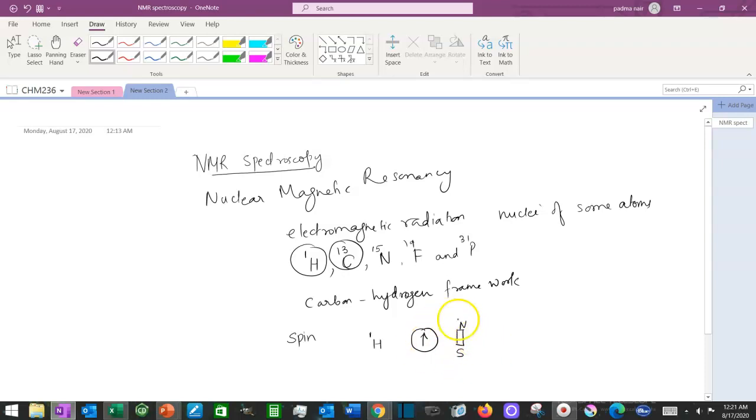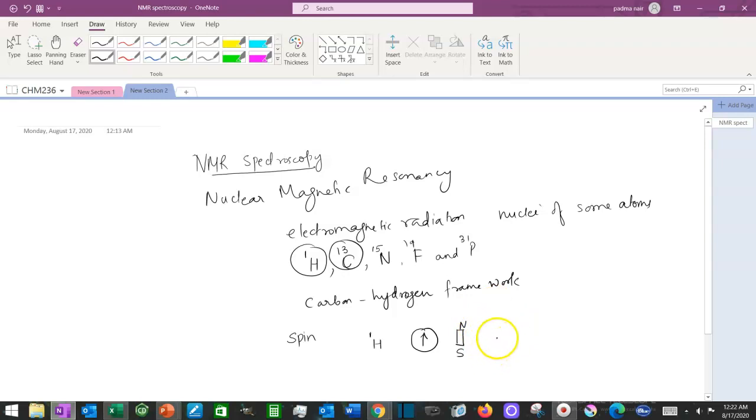Now imagine that you subject this proton to an external magnetic field, which has a north and a south pole. Then this proton, which is itself like a small magnet, will align itself either along the magnetic field or against the external magnetic field.